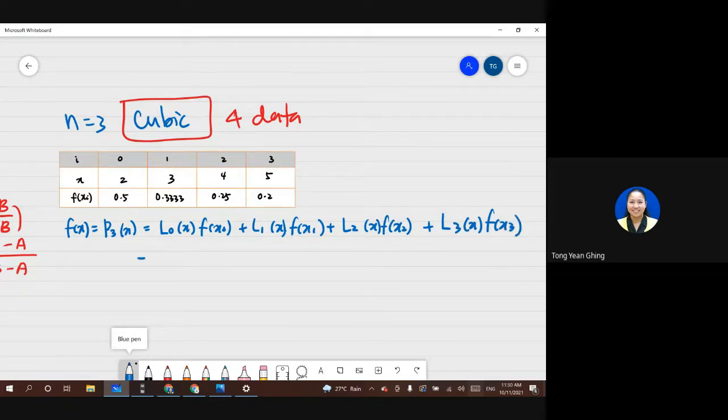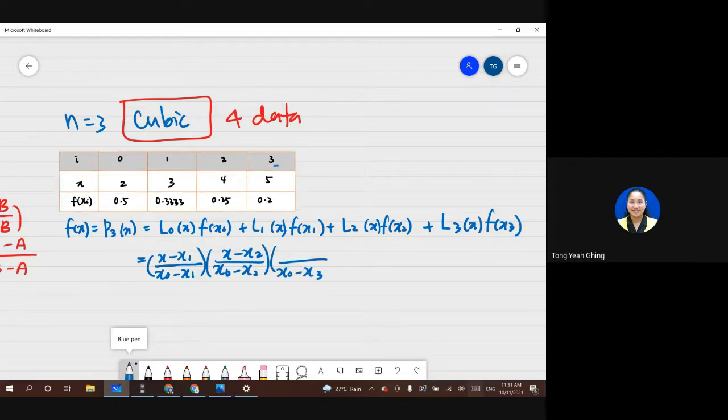So now this one, x0. So start with x0 minus x1, x minus x1, x0 minus x2, x minus x2, x0 minus x3, because we have until x3.